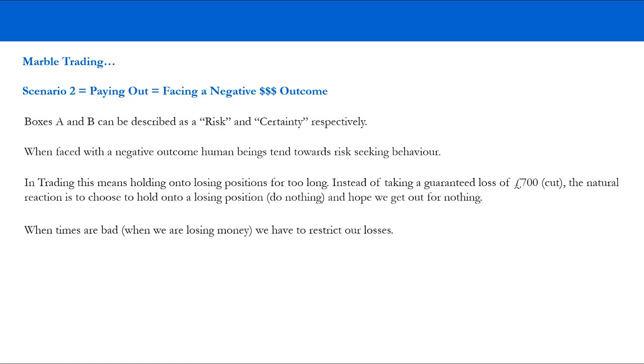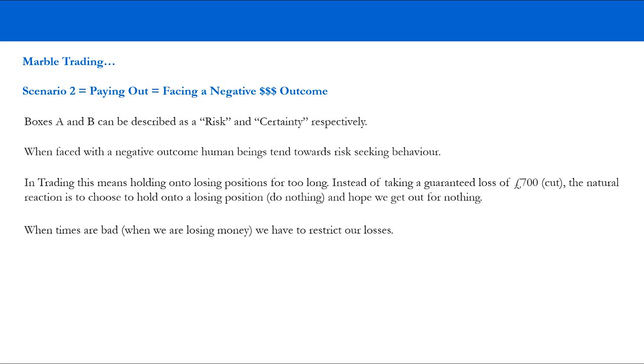So we actually have to be doing the opposite again. In trading and portfolio management, what you have to be doing when you're faced with losses is take the guaranteed loss, not the unknown loss.